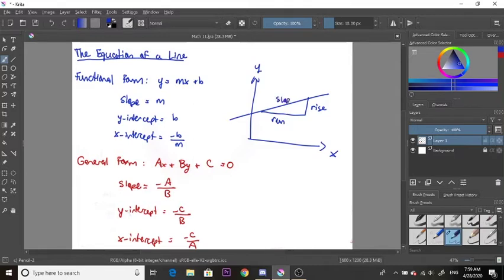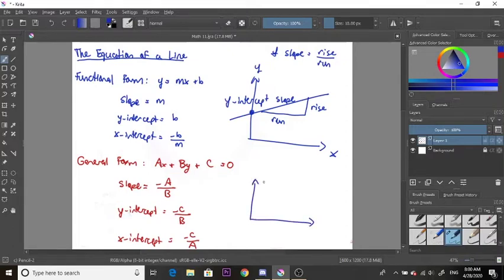The slope is equal to the rise over the run. Now, this point here is our y-intercept, where it crosses through the y-axis.